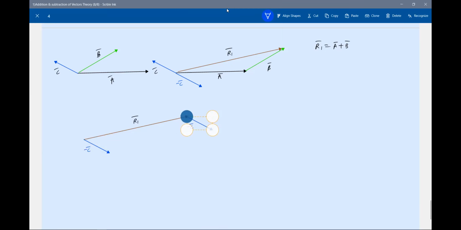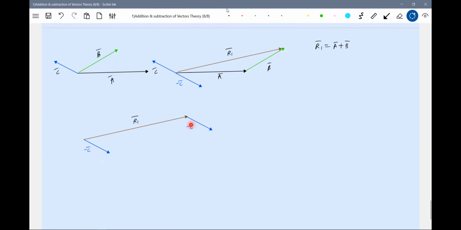Minus C bar, I'll add up to this. Then the resultant, so the resultant R bar is needed, no? So the R bar vector will come in this way. We can keep on adding or subtracting anything.